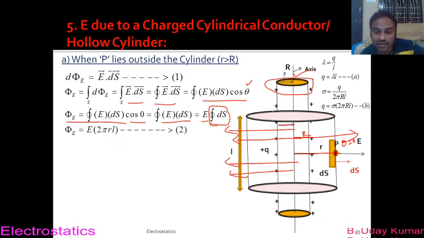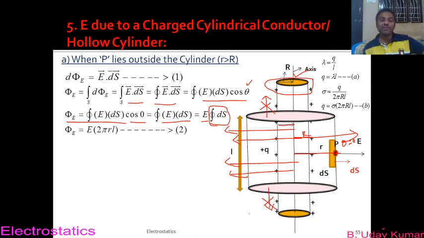That means from the upper surface of the Gaussian cylinder, no electric line of force is coming out. Even from the lower surface of the cylinder, no electric line of force is coming out, and hence the total flux that is coming out of this Gaussian cylinder is only from the curved surface, and hence I am writing the value of integral ds as the curved surface area of the cylinder only.